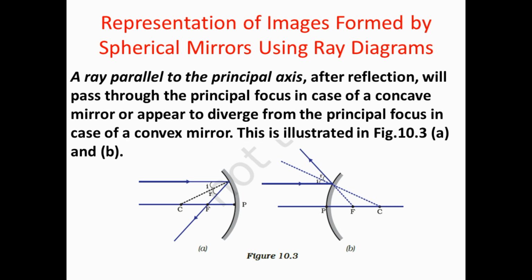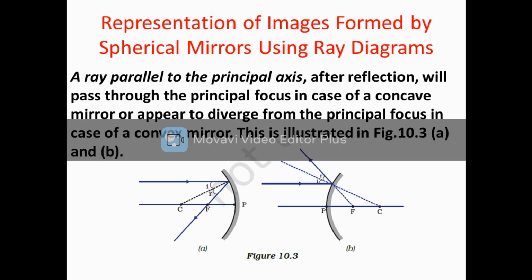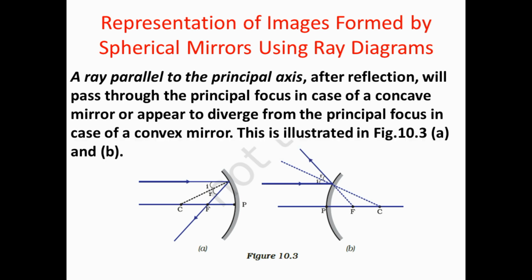Now we move to another concept, that is representation of image formation by spherical mirror using ray diagram. So the ray diagram, we already know that light falling on an object is a ray, right? Ray means it falls on an object.